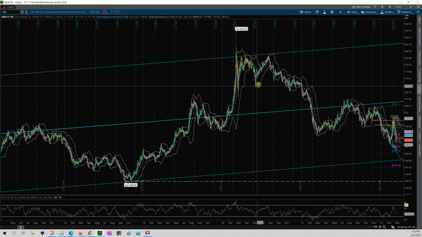And, you know, quick technical note, ZB is, the CME spec says, durations from 15 to 25 years. And it's actually the Ultra Bond future contract. It is longer than 25 years. And so it's not a direct apples to apples comparison here.